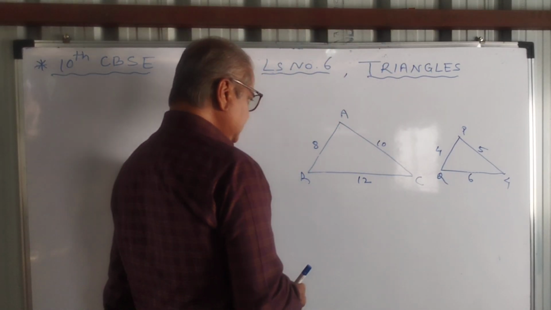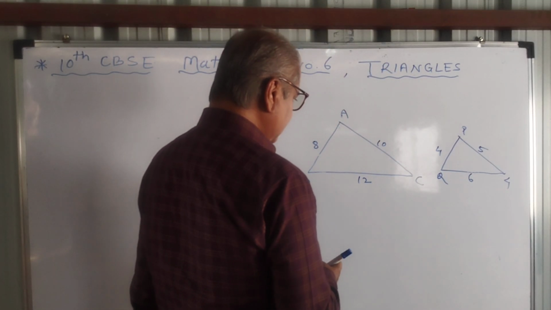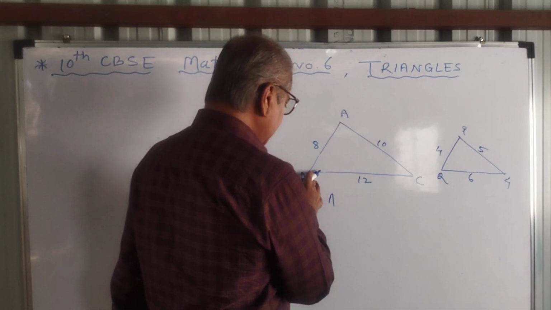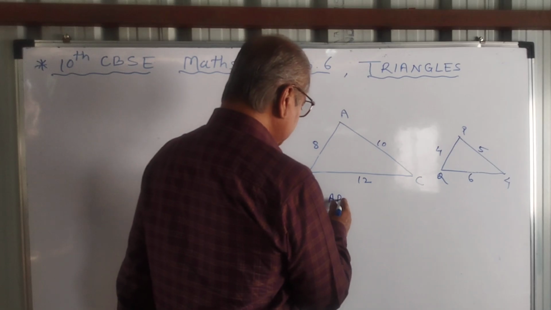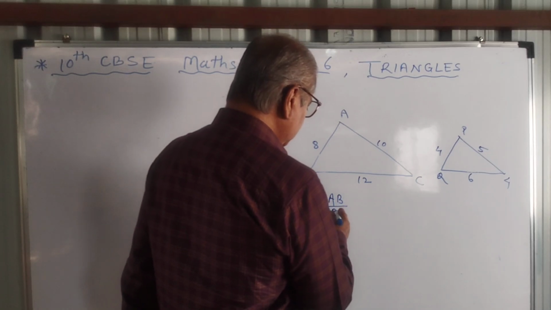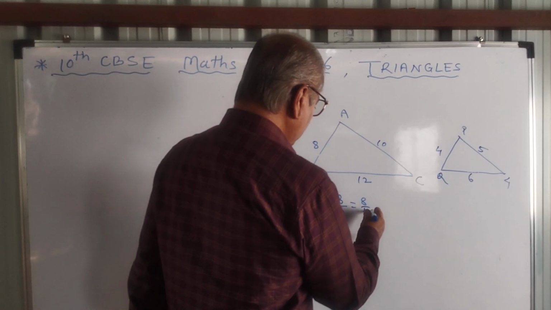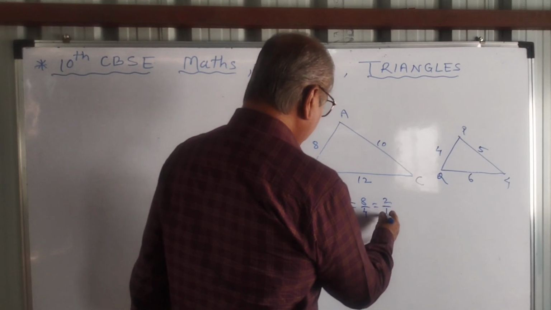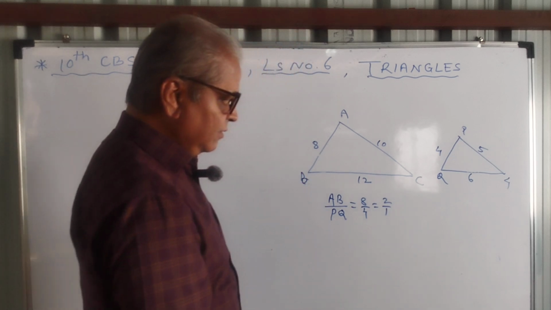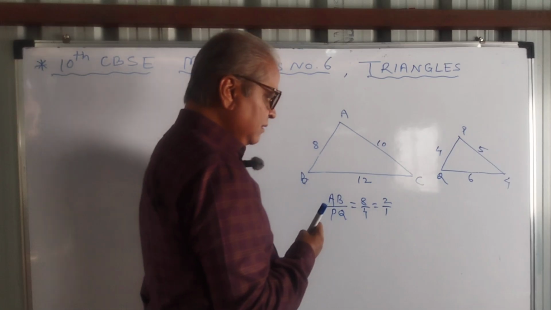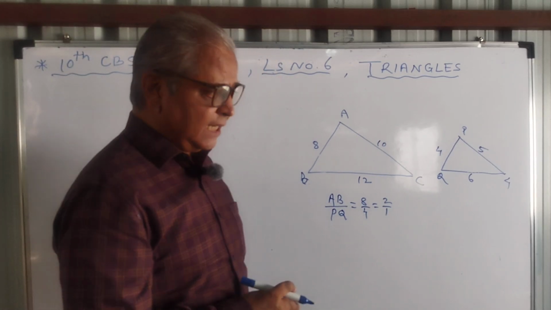If you take the ratio of corresponding sides, AB corresponds to PQ, so AB upon PQ is 8 upon 4, that is 2 upon 1. The sides are different, see, 8 and 4, 10 and 5, 12 and 6, but the ratio of corresponding sides is equal.